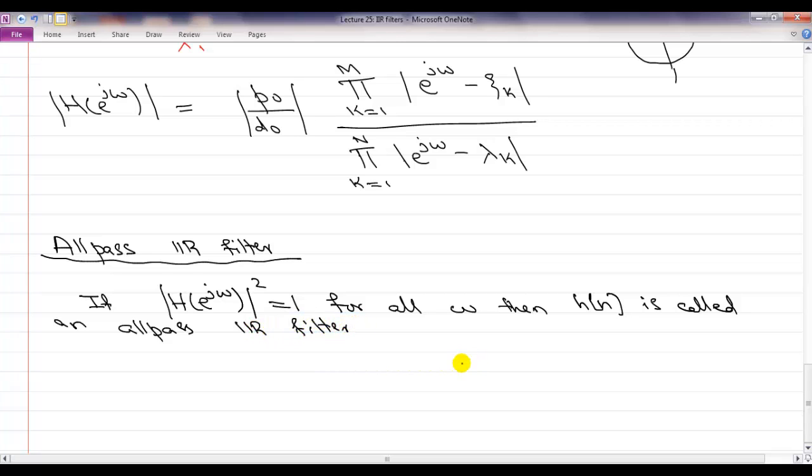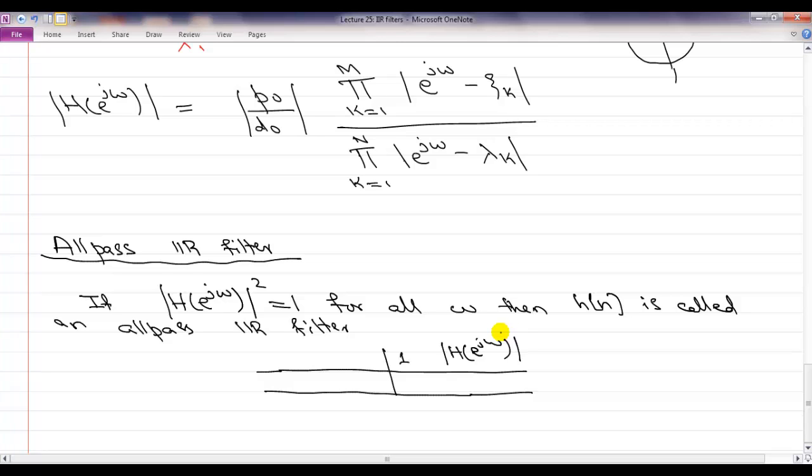What this means is that the filter magnitude is simply a flat line. So the magnitude of H(e^{jω}) is a flat line. And it's called all-pass, as the name implies, because it just lets all the frequencies pass through the filter without any attenuation or any amplification.